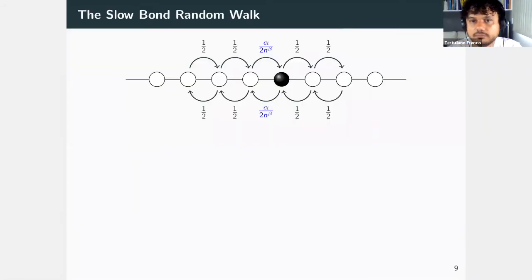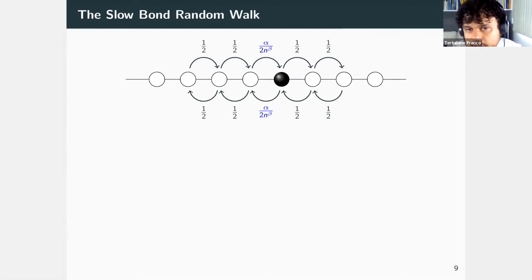So the model is the following: we have the continuous-time random walk on Z, and you have this special bond whose rate is alpha divided by 2 times n to the power beta, and everywhere else the rate is 1/2.